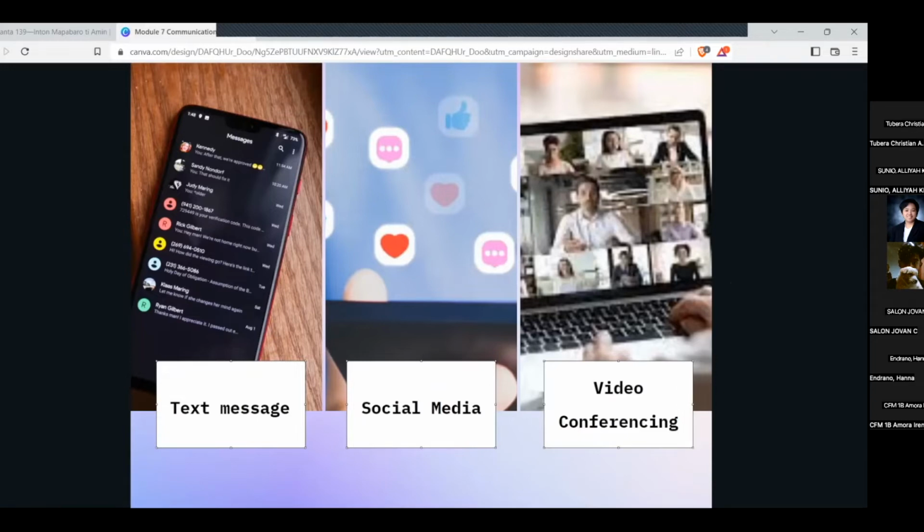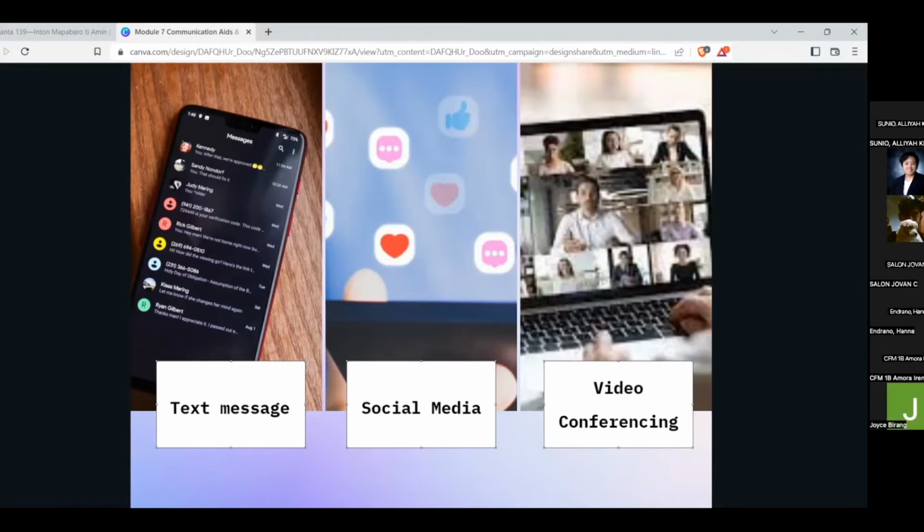These are technology-based communication aids. Although later you will see other communication aids that are not technology-based. But because our topic is focusing on using tools of technology, then we have to name those technologies that we are using as a communication aid.